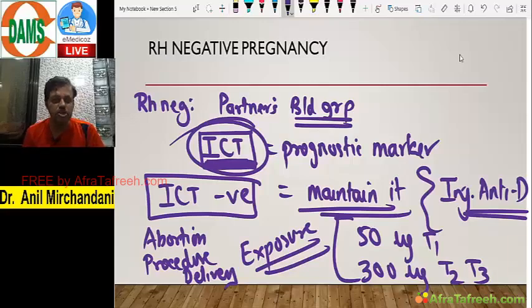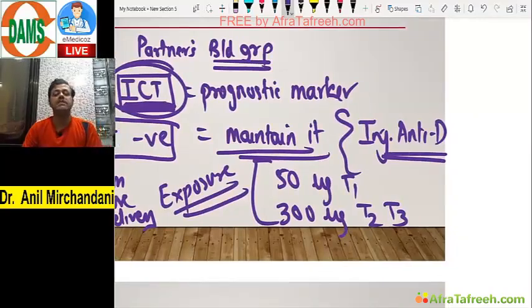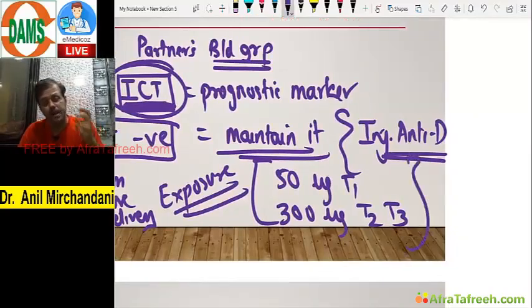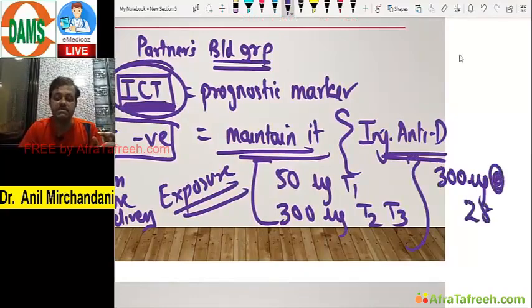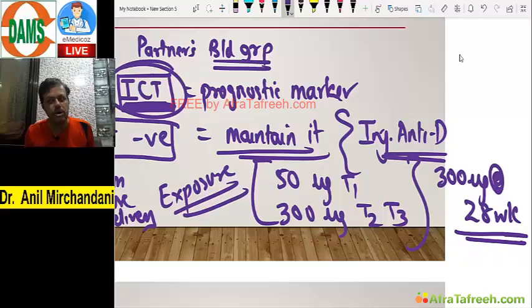Exposure: abortion, procedure, delivery. Now, my dear friends, try to understand that this is for exposure. A compulsory 300 microgram is given at 28 weeks. 300 microgram at 28 weeks is compulsorily given to a patient who is Rh negative, in order to prevent the antenatal mixing of blood. Okay, got it? Very clear.